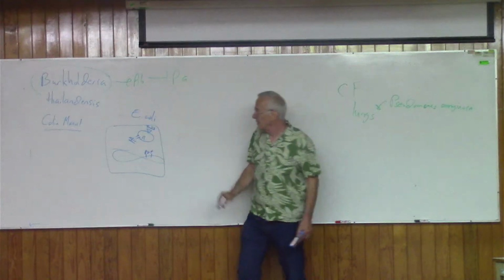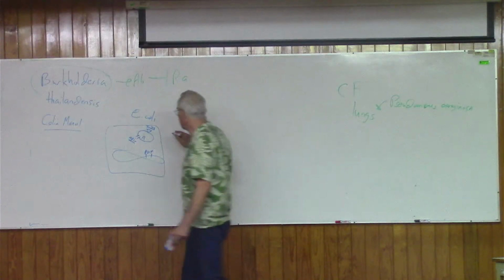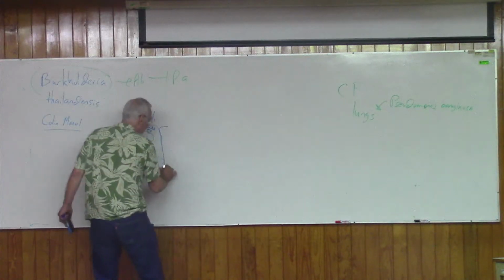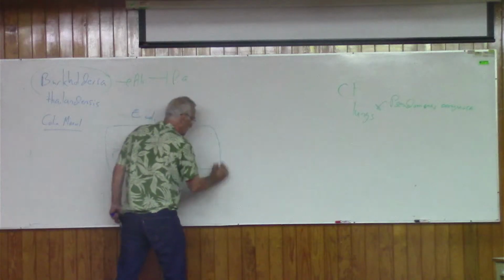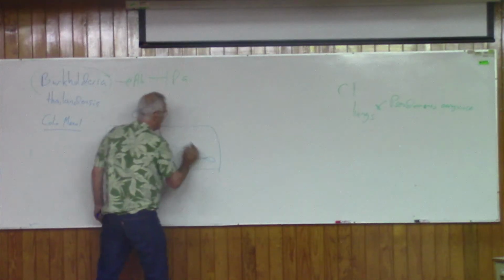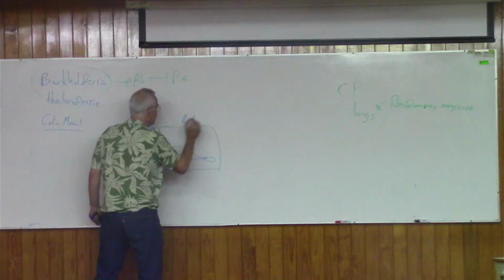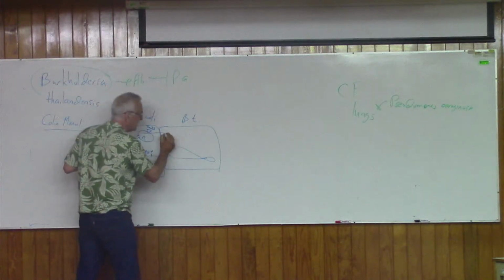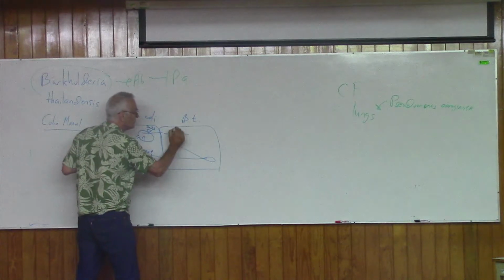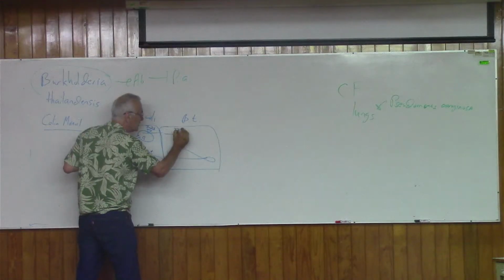Yeah? But this is a conjugatable plasmid, and if you put it with Burkholderia thailandensis, this can transfer that DNA with the transposon, T23.